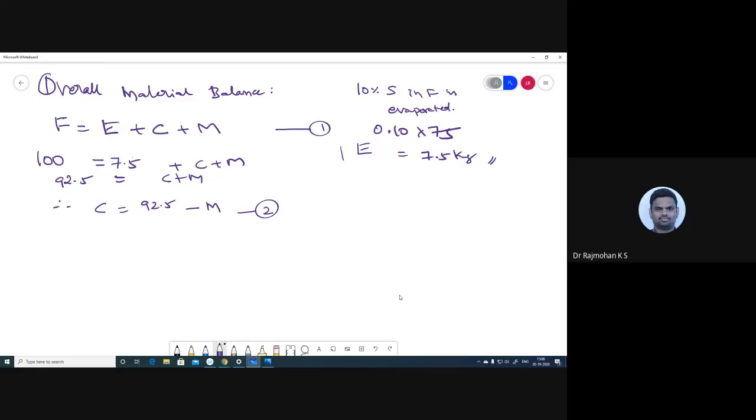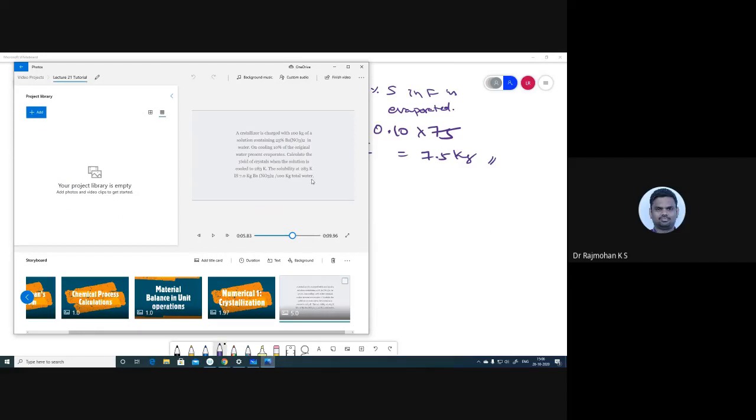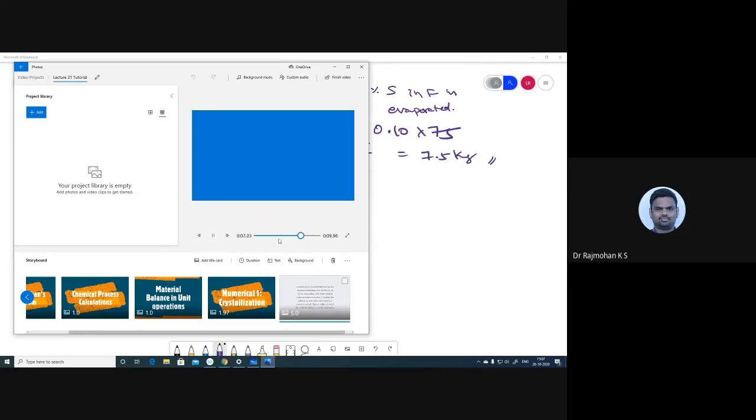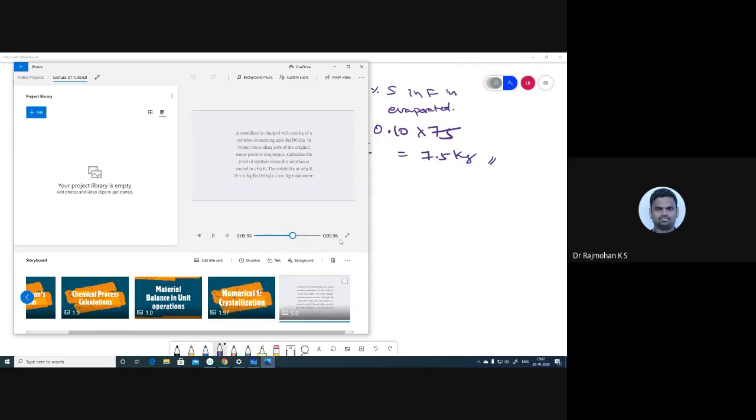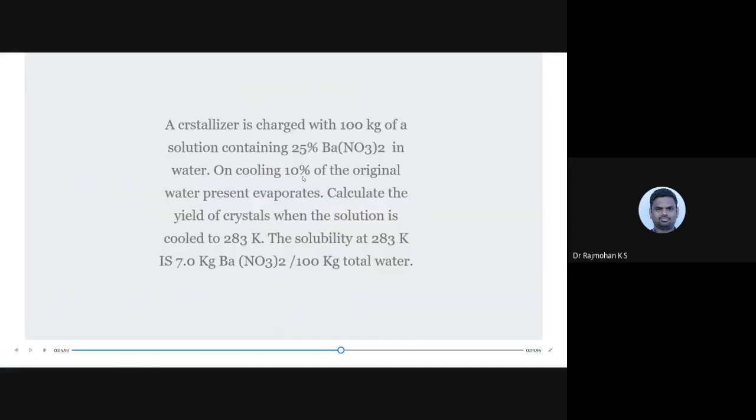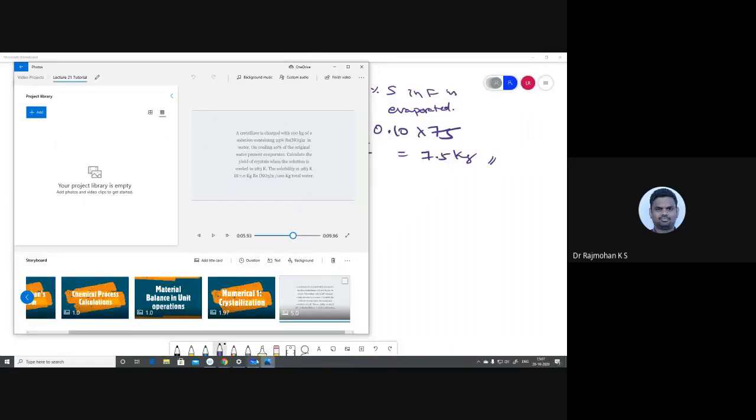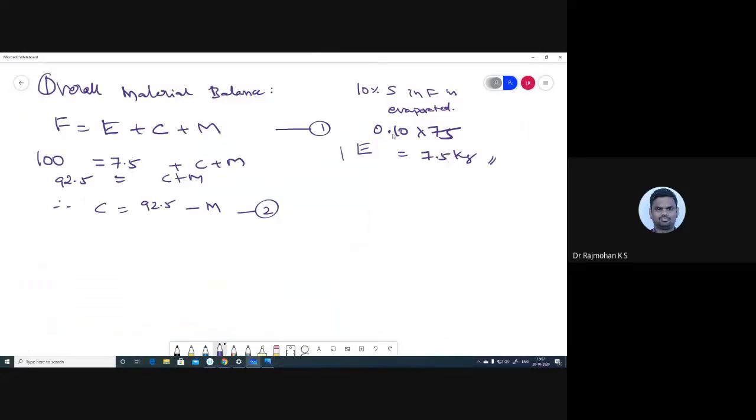So what have we done? First, the feed is given. So here feed is 100. E we have determined because it is mentioned in the problem that on cooling, 10% of the original water present evaporates. That's what is given. So what we have done, 10% is 0.10 fraction, and 75% of the feed is water.